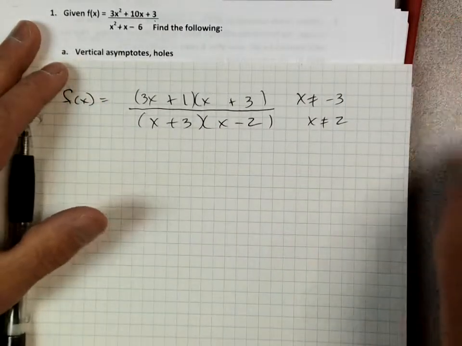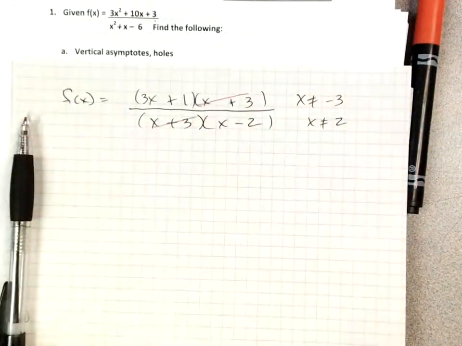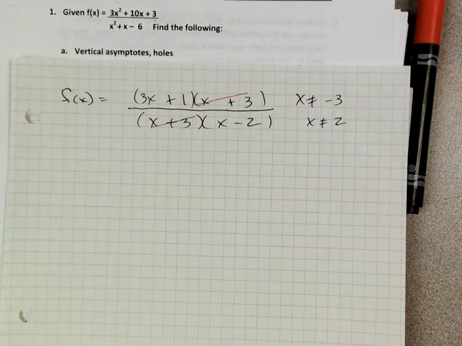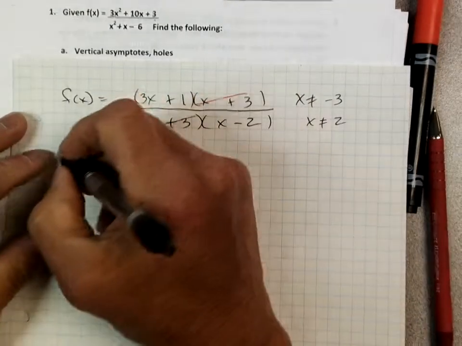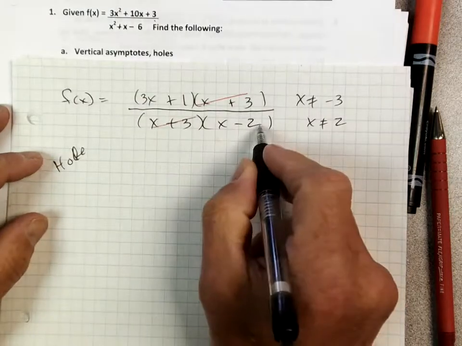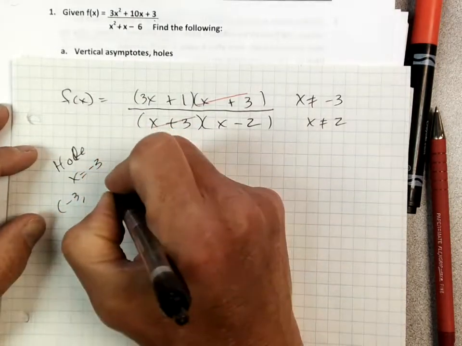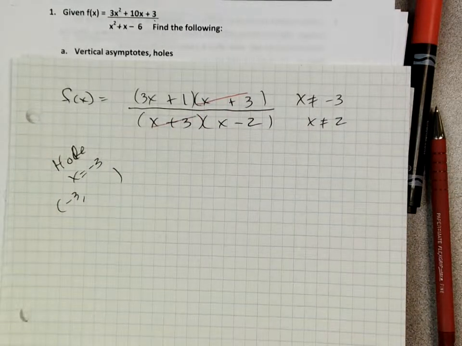When we say removable, we can just cancel that, cancel that. If it's removable, it is a hole. So we have a hole at the value x equals negative 3.